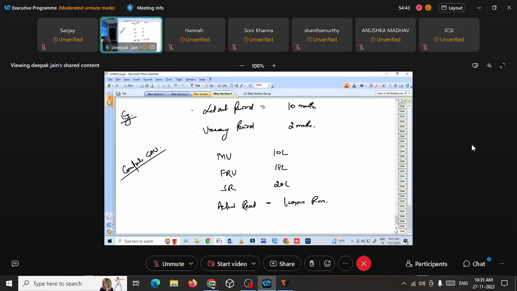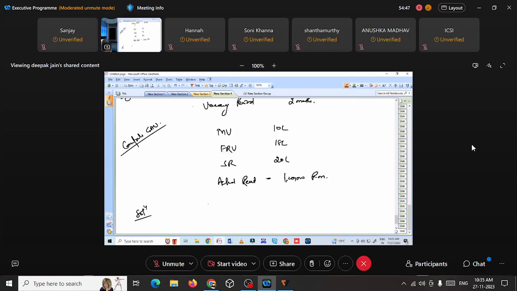So how much is the expected rent? 10 or 18, whichever is higher, 18. 18 or 20, whichever is less, 18. So how much is the actual rent? Actual rent is for the actual time period, 10 lakh.